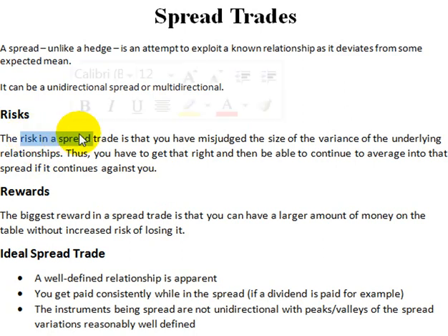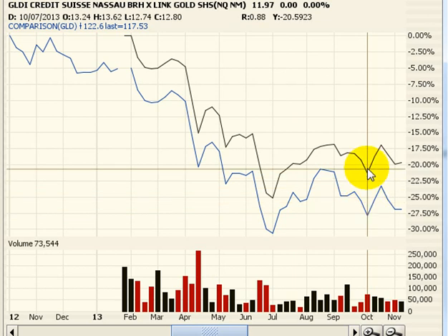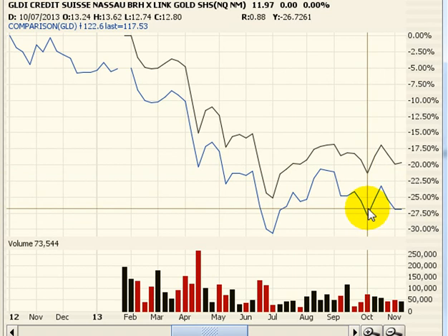The risk in any spread trade is that you've misjudged what the size of that variance is. So when we look back one more time at this spread, if I think that this difference here can never be more than, let's just say, 5%. Well, if it can never be more than 5%, and I'm banking on that, what happens if it goes to 15? That's a problem. Right?